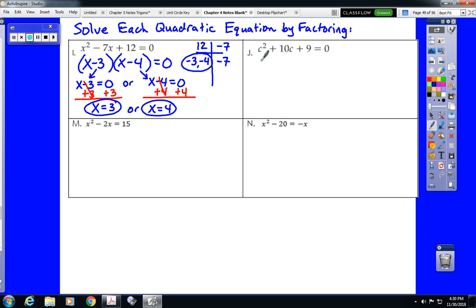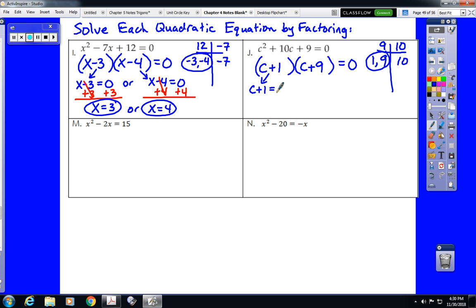On letter J, we're looking for a pair of numbers that multiplies to 9 and adds to 10. That would be 1 and 9. So we'd have c plus 1, c plus 9 equals 0. Then we break it up.